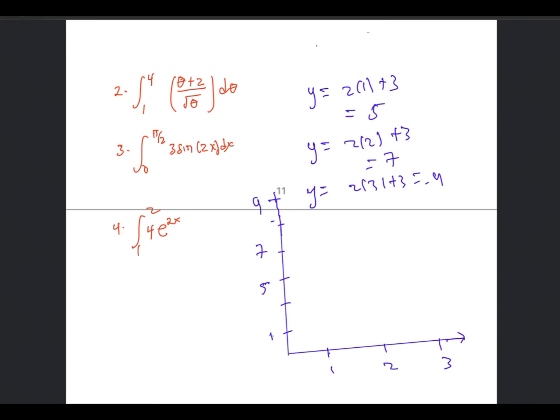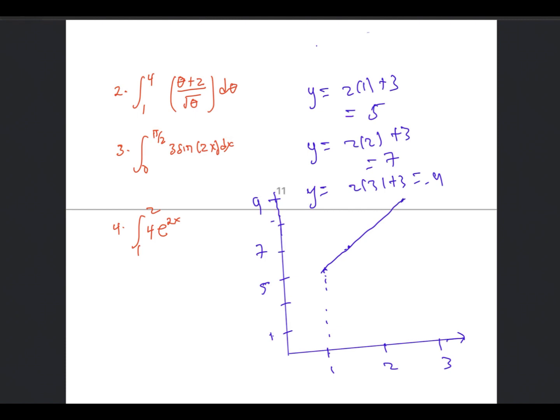At x equal to 1, I get 5, so 5 is here. At x equal to 2, I get 7, so 7 is here. And at x equal to 3, I get 9, and 9 is here.